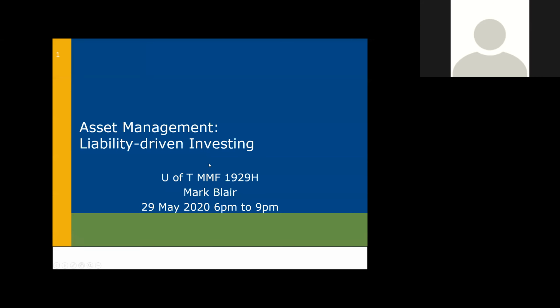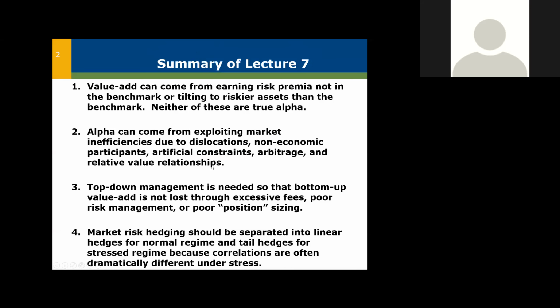Yeah, let's start from the beginning. So just to review what we covered yesterday. We opened up the box on hedge funds and figured out how value add or alpha is created. We talked about ways that you could create fake value add, but then we talked about all the ways you could generate genuine value add or alpha.